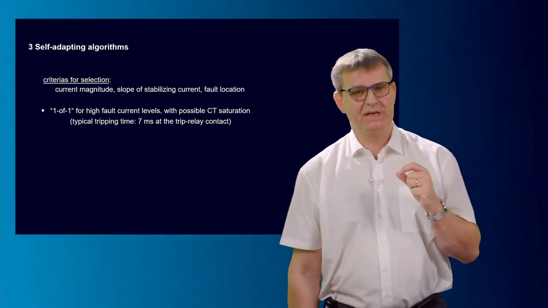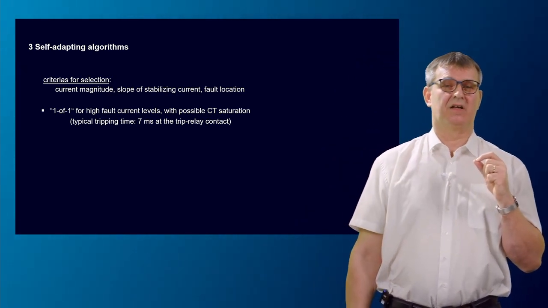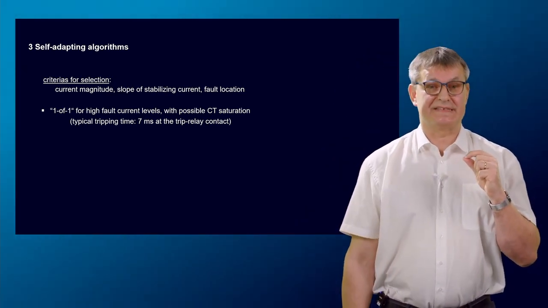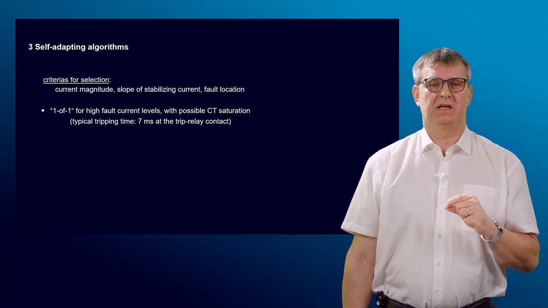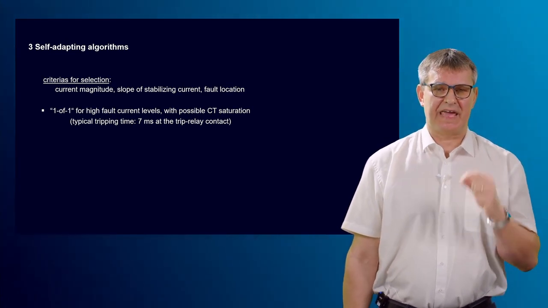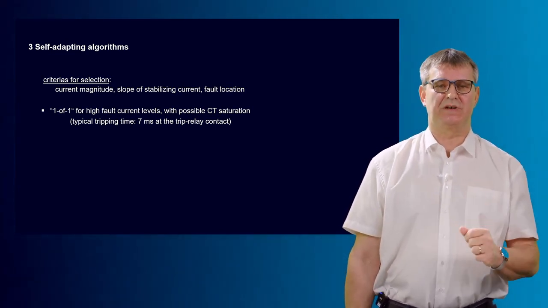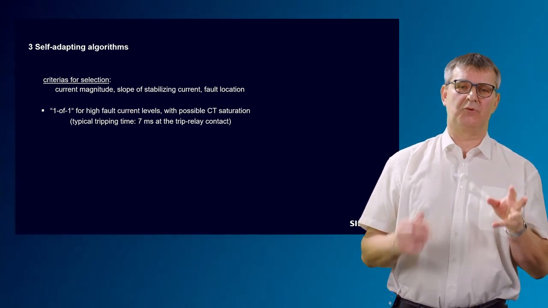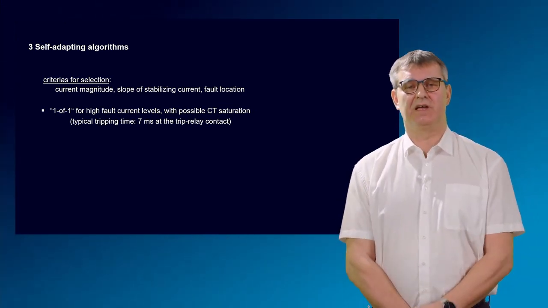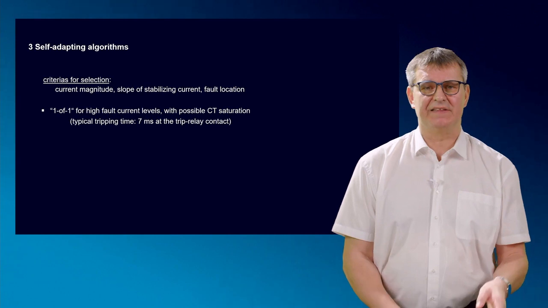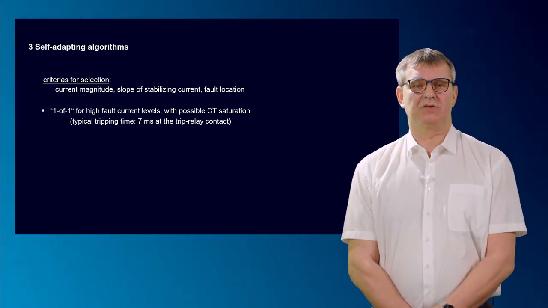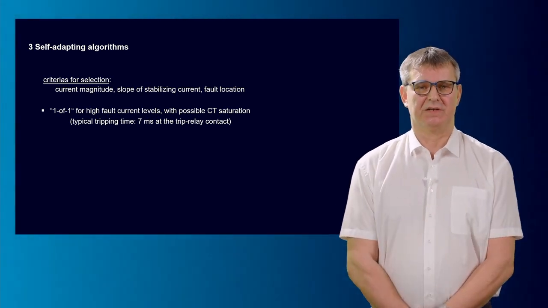These 7 milliseconds are for the centralized busbar protection and with the type F, the fast output relays of the Protect 5. But here really the 7 milliseconds are from fault inception until the binary output of the device has been activated.